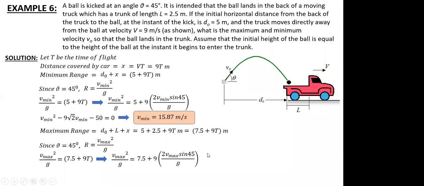So it is similar to the earlier simplification, which will lead to Vmax square minus 9 root 2 Vmax minus 75. Again, if you solve this quadratic by formula method, you will get the Vmax value as 17.11 meter per second. So the given range of velocity should lie between 15.87 to 17.11.